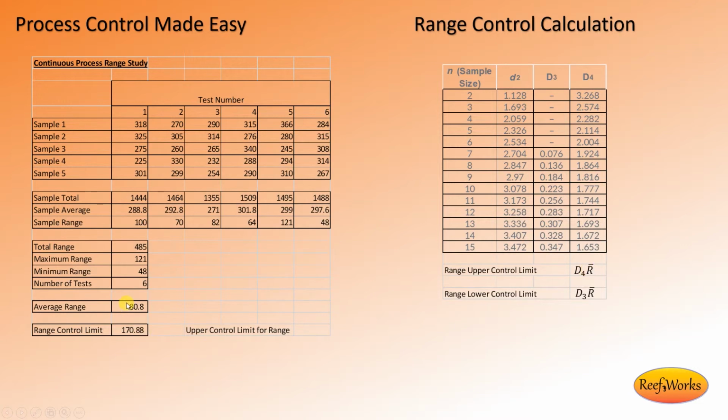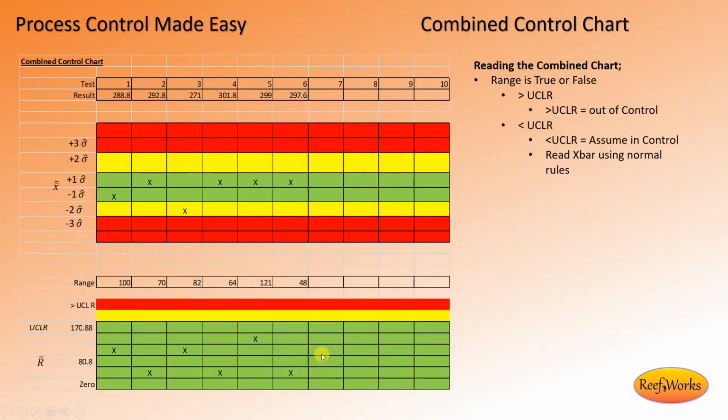So we'll take a look at that here. And we're going to plug in the average range. You can see that we've added the range chart down here. We've got our standard sample data up here, which does reflect the data in this chart.